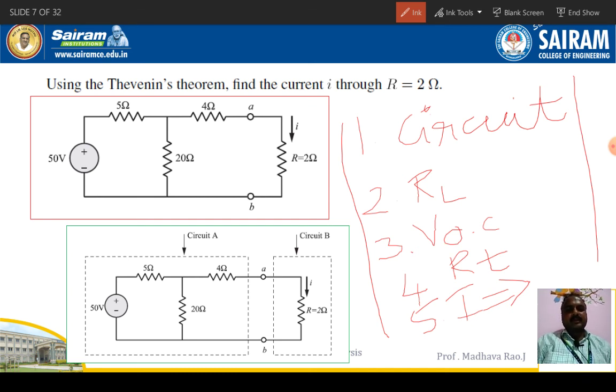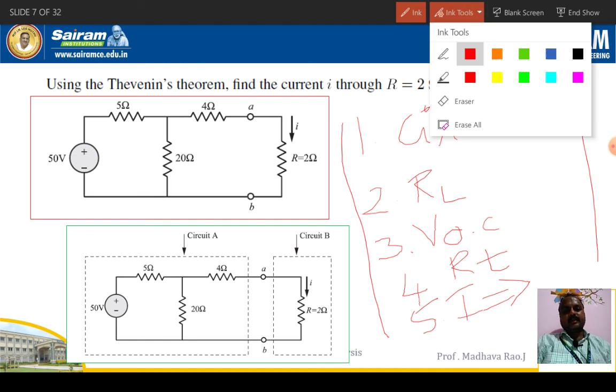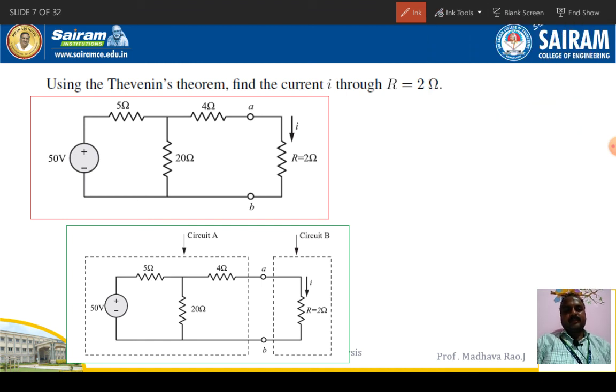Okay. These steps are very important for solving problems based on Thevenin's theorem. First step is observe the circuit, remove the RL. We divide it into circuit A and circuit B, where circuit B is the load resistor, and we have to remove that resistor.